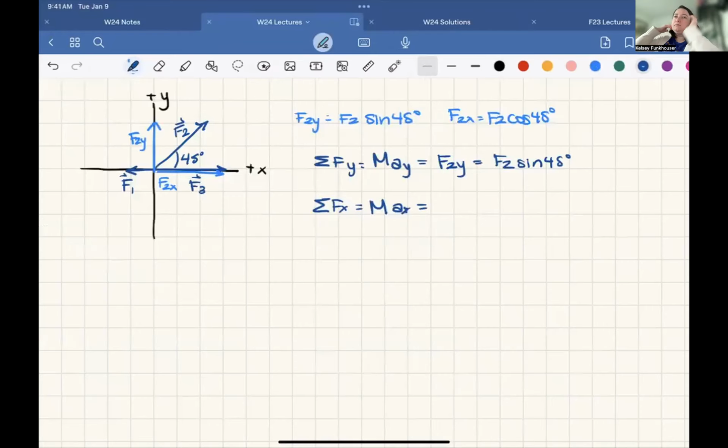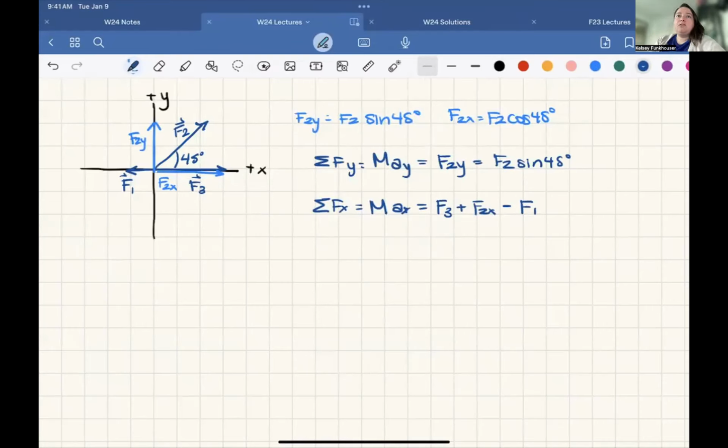We have several forces in the x direction: force 3 and the x component of force 2, both in the positive x direction, and then F1 in the negative x direction.